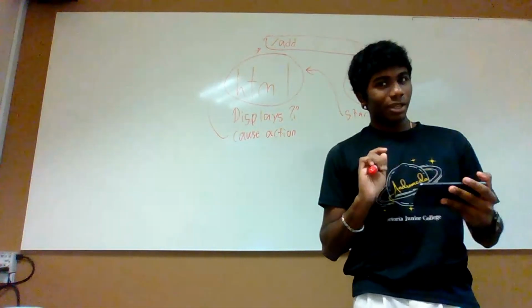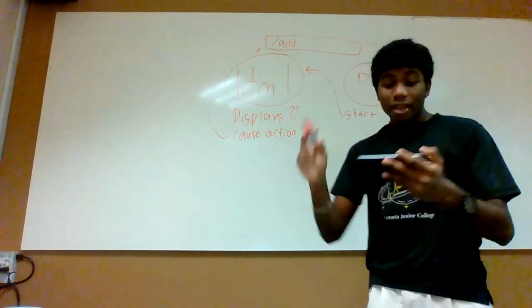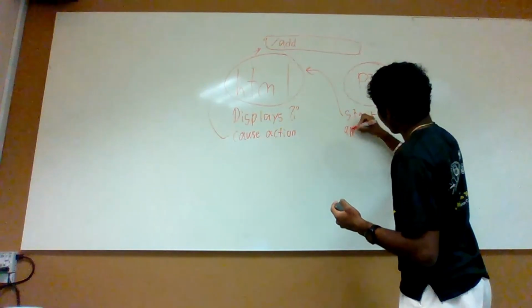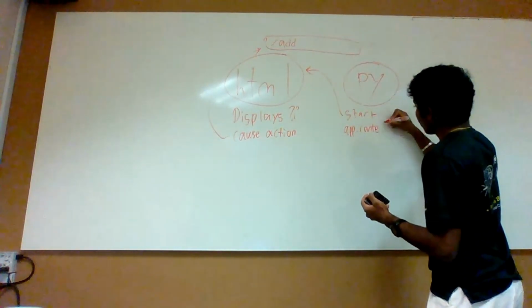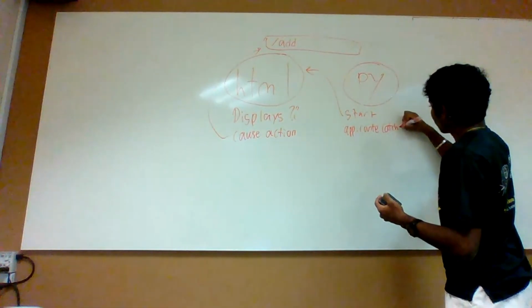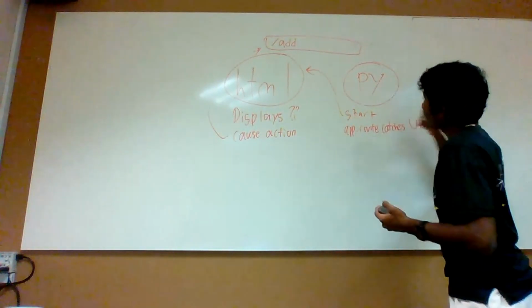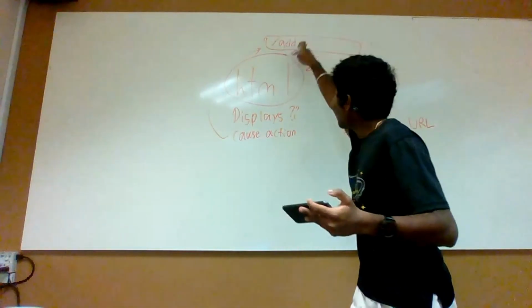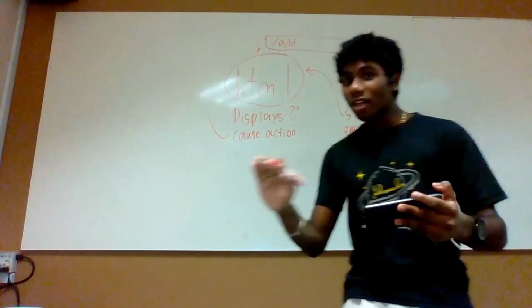So what do? Well, the decorator catches it. The app.route has to catch the new URL. It has to realize, we have to look at the slash add URL now, not the regular one.